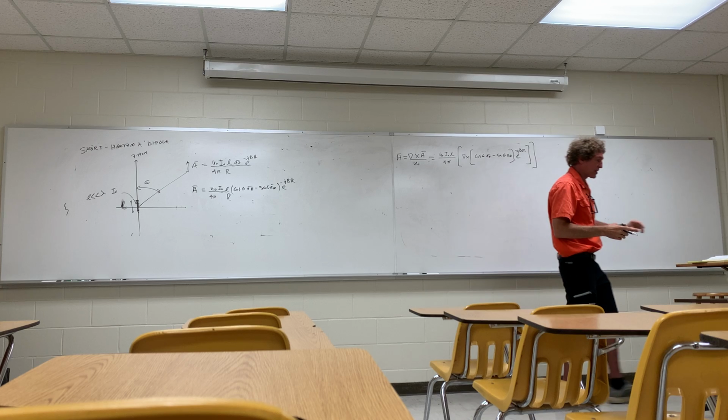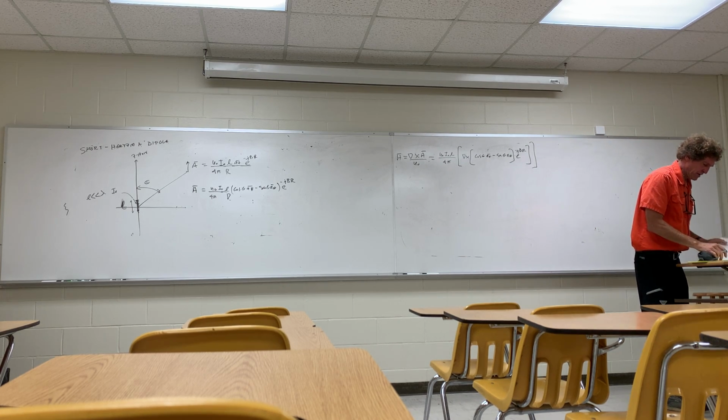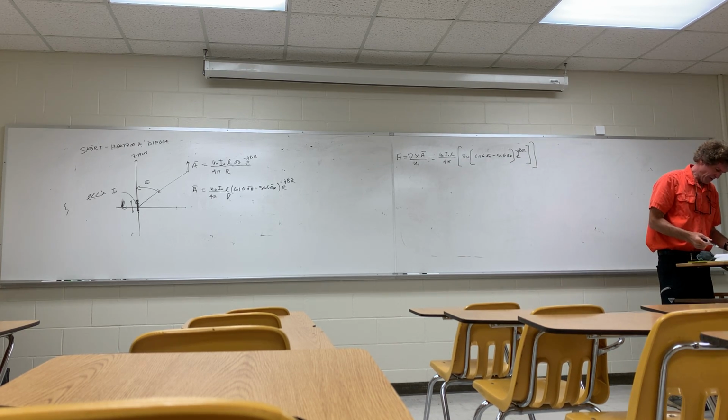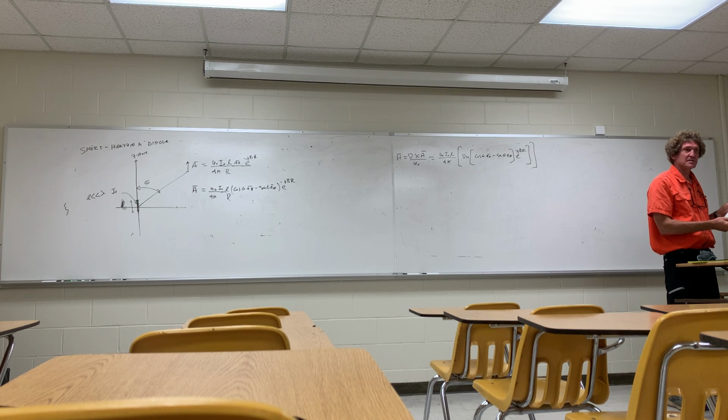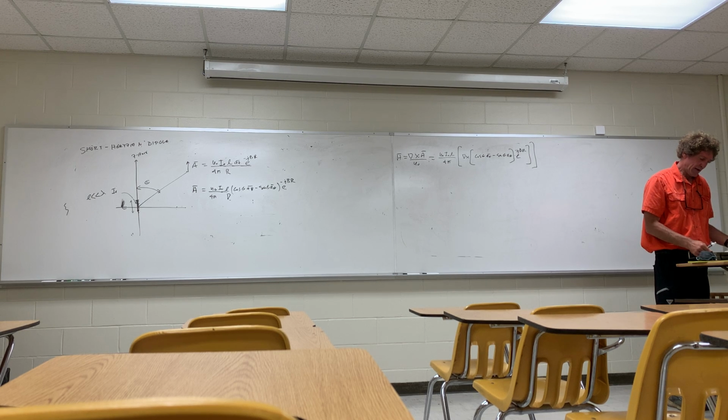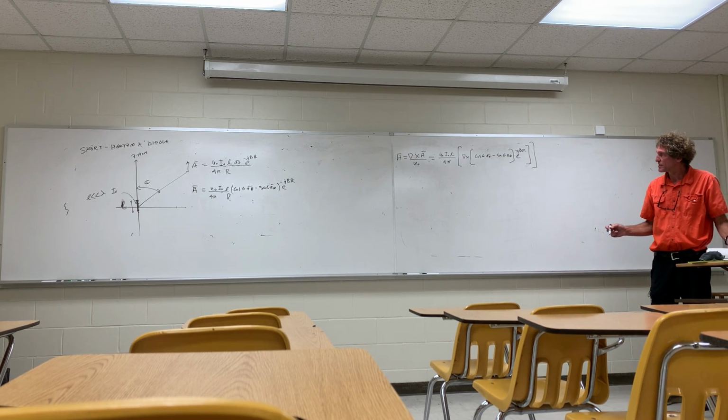Now, in your book, if you go to the back, you will see the curl defined for spherical coordinates. You have your books with you guys. If you don't, right back here, the curl is defined. It may take a little time to do this one.